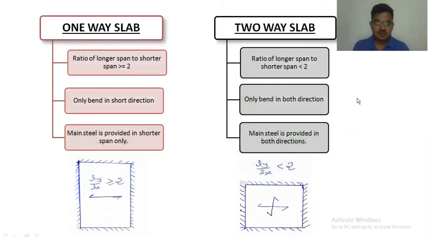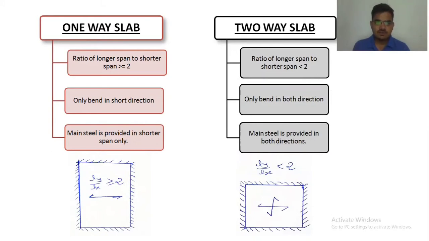Here we have only studied one-way slab and two-way slab. The main difference between one-way slab and two-way slab depends on the ratio of longer span to shorter span. If the ratio of longer span to shorter span is more than or equal to 2, then it is classified as a two-way slab.